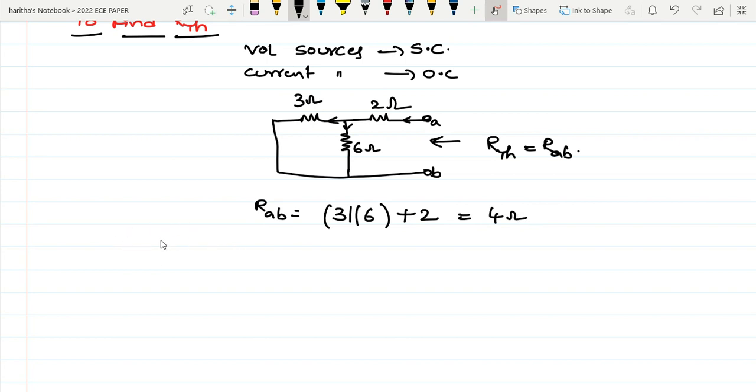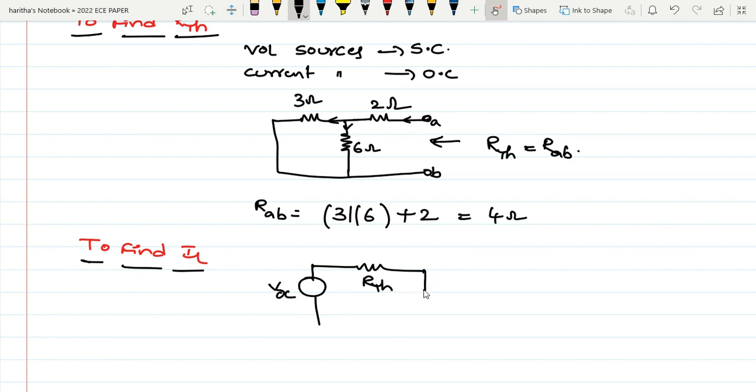So now connect the Thevenin's equivalent circuit to find the load current IL. The equivalent circuit means VOC, R Thevenin, and RL.